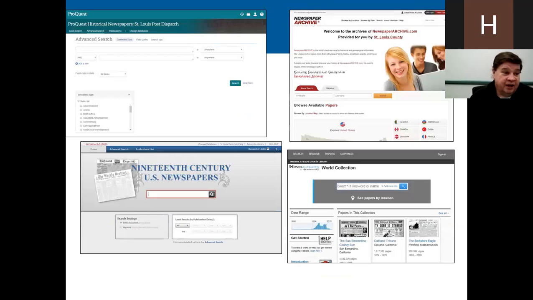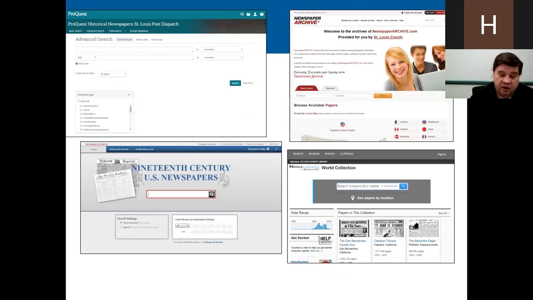Other places to find newspapers: we have a number of databases here at St. Louis County Library that you can access with your library card. The Post-Dispatch from ProQuest is just the Post-Dispatch, but it's our local paper. We've got 19th century U.S. newspapers.